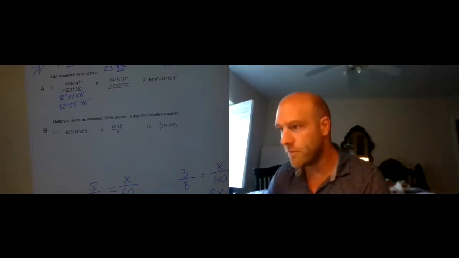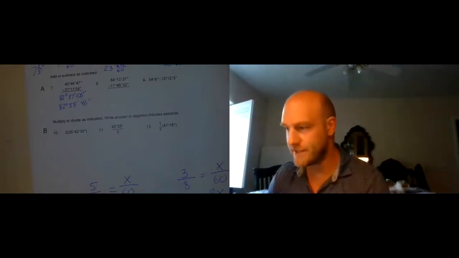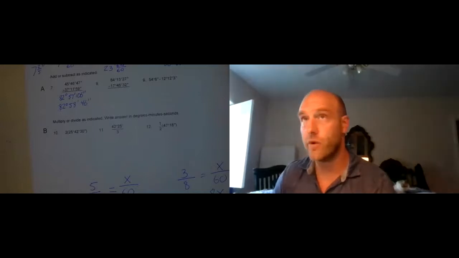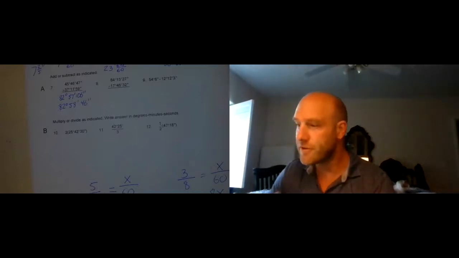So that is one possible way of doing this. Another way would be to carry over as soon as I hit that 60. Looks like my next one is a subtraction. Again, it works like you would hope subtraction is, but you have to really think about what it means to borrow. When I borrow a minute here, so that becomes a 12, 1 minute is 60 seconds, so I end up with 87 of them, and now I can subtract.